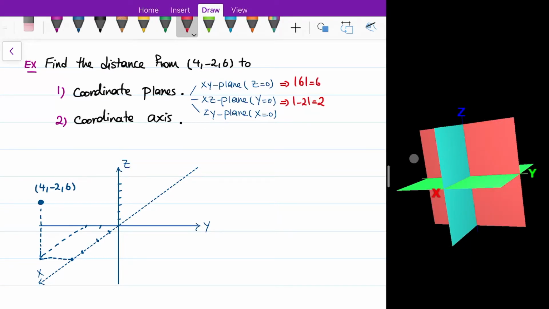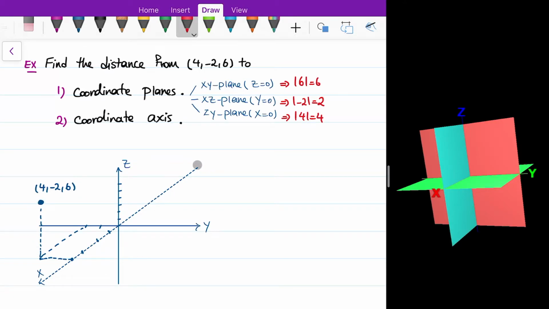Now, if I want to find the distance from the point to the yz plane, I need to look at the first coordinate, which would be the absolute value of the first coordinate, which is 4. If I want to explain from this shape, it's obvious. The distance from the point to the horizontal plane would be the height, which is 6.